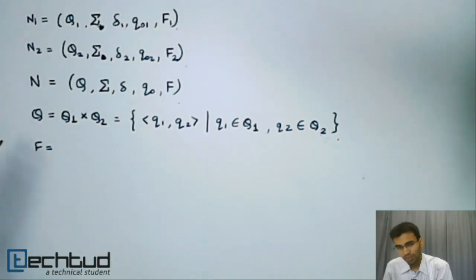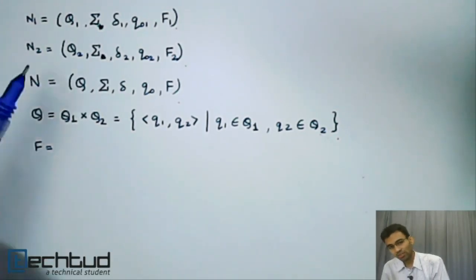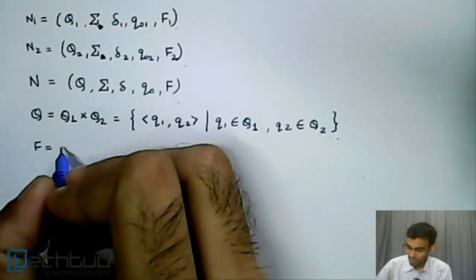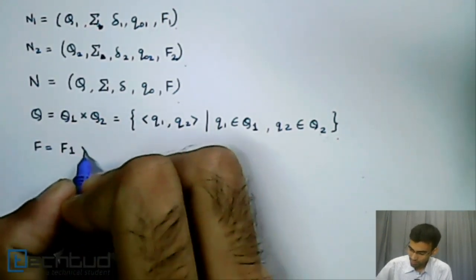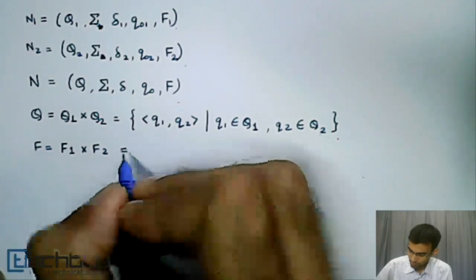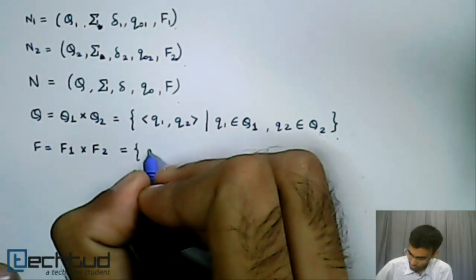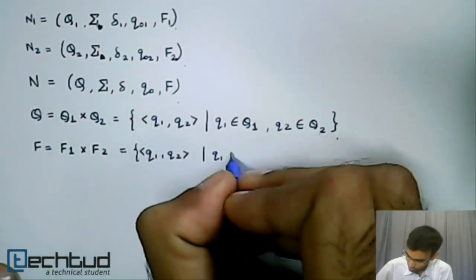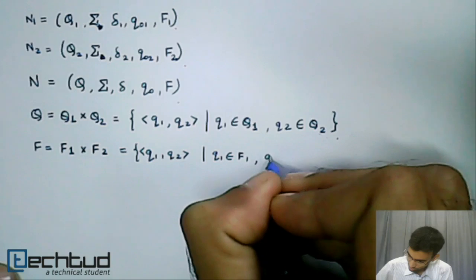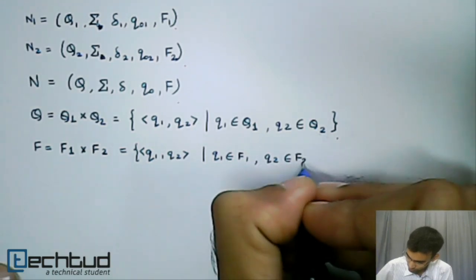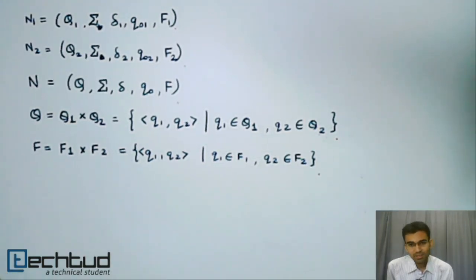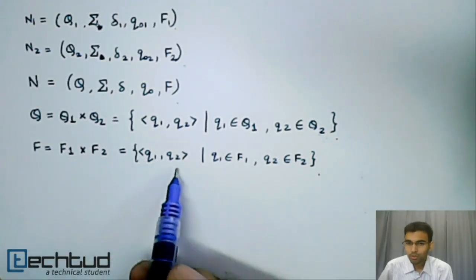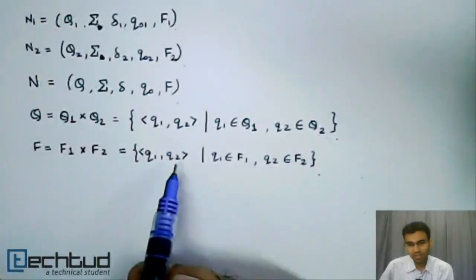Therefore, you can be in a final state in N only if the string is accepted by both N1 and N2. So F is going to be the cross product of the final states F1 and F2. That is, the set of states (Q1, Q2) such that Q1 belongs to F1 and Q2 belongs to F2. I could be in a state in which Q1 is a final state of F1 but Q2 is not a final state. Such states will not be in F.